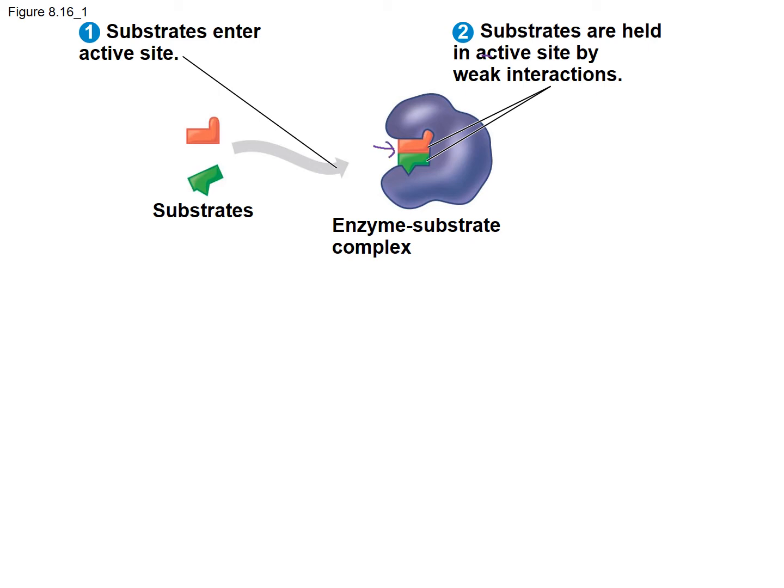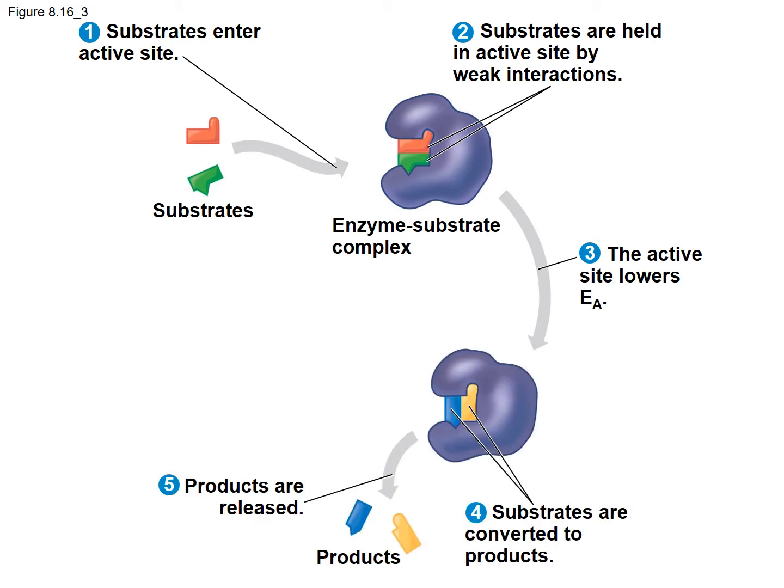You can see they've got this spot right here where the shape of each of them corresponds to the enzyme. The enzyme lowers the activation energy so that it doesn't require as much energy to get the reaction. And then, of course, the products are going to form. Now, the products have a different shape than the substrates, and the enzyme typically has more of an attraction to the substrates than to the products.